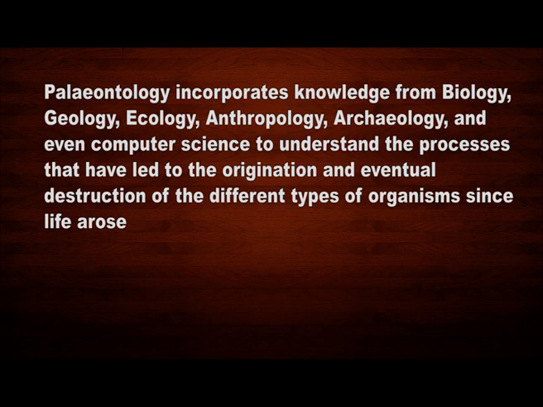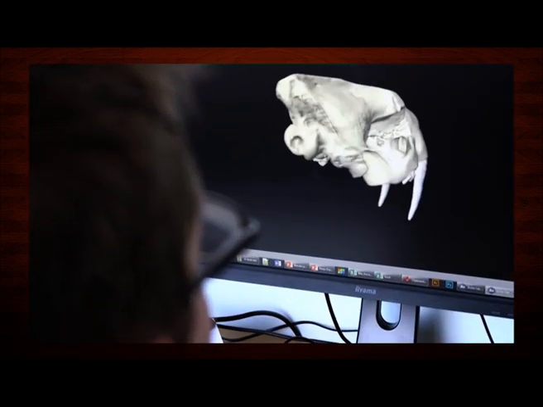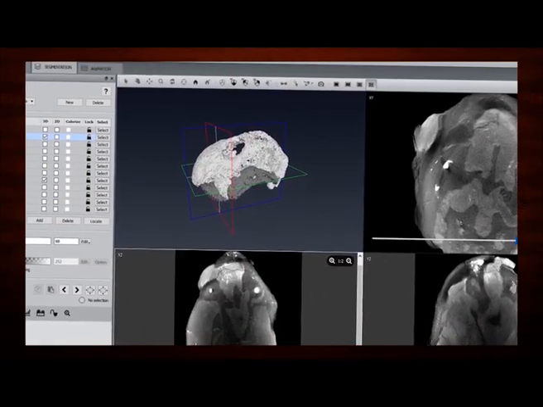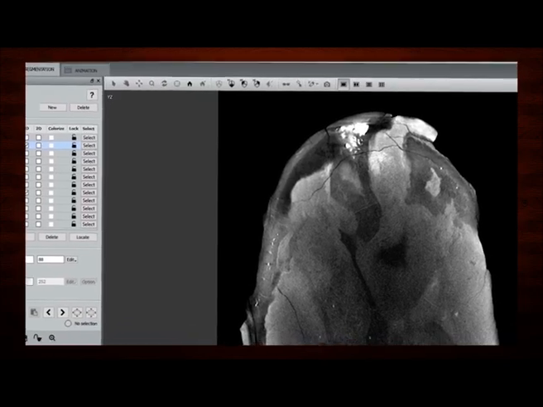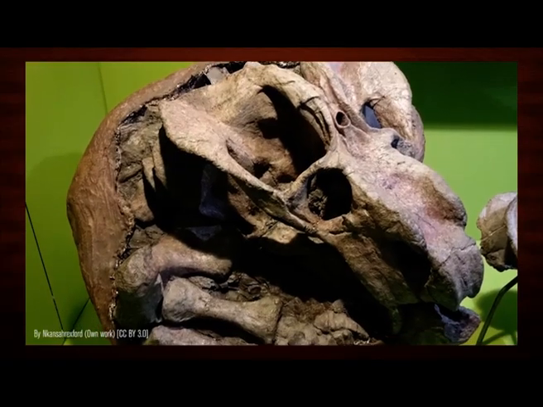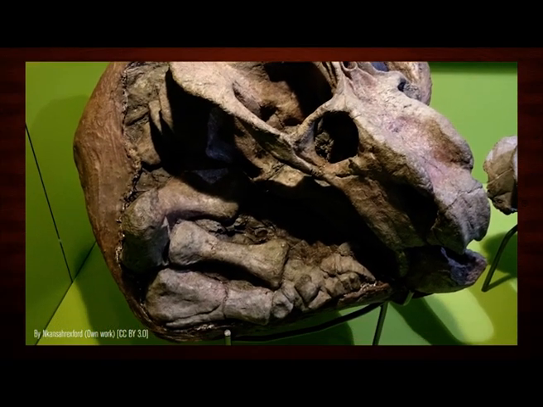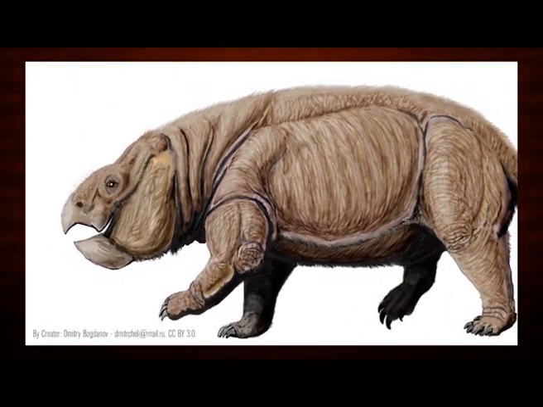Paleontology incorporates knowledge from biology, geology, ecology, anthropology, archaeology, and even computer science to understand the processes that have led to the organization, evolution, and destruction of the different types of organisms since life arose.